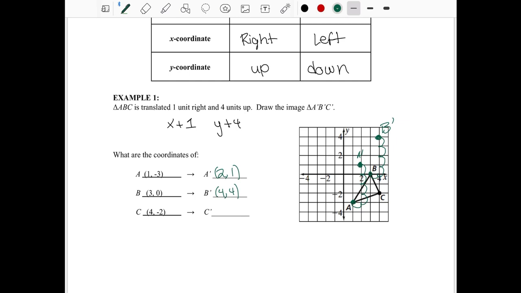And then the last point we have to move, it says we go to the right 1 time and then up 4. That's going to give us our third point, C prime. Once we get all those, we connect them to make sure we still have our triangle. And that's how we complete a translation after we get that ordered pair, which is at 5, 2.